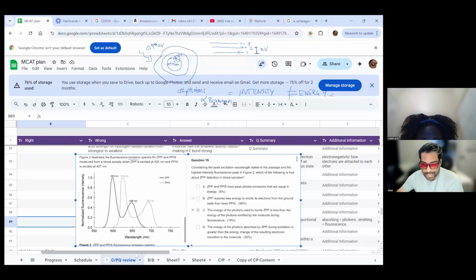Okay. Now, how much energy do we need for an atom to absorb a photon? One. Okay. Now, do we have that? No, we have less than one. Correct.